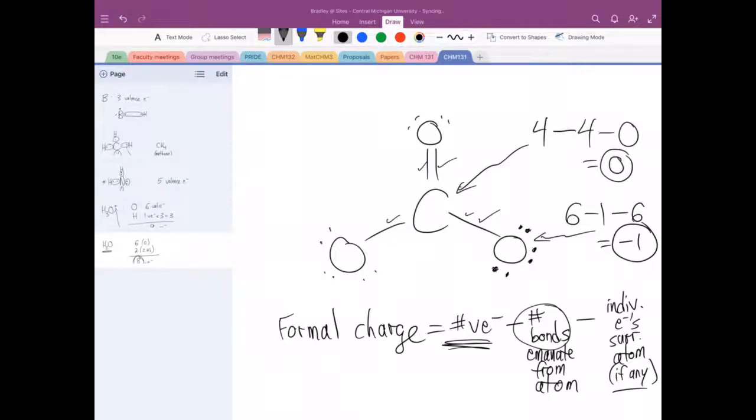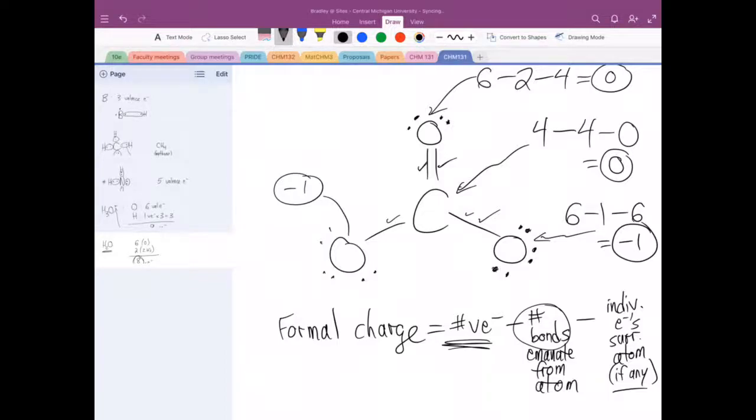Okay, and you'll see that this oxygen is symmetrical, so this will also be a -1 charge. And then what about this oxygen here? You've got 6 minus 2 bonds, minus 1, 2, 3, 4 electrons, so that's a formal charge of 0.